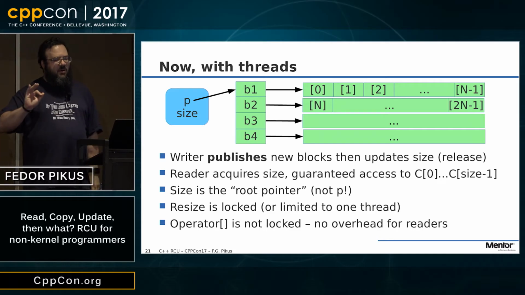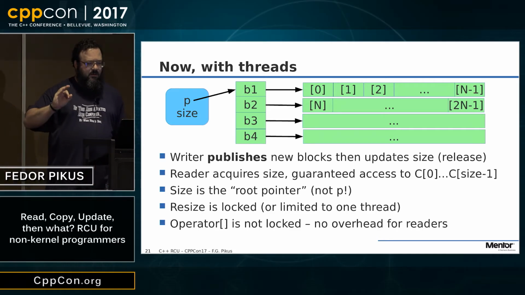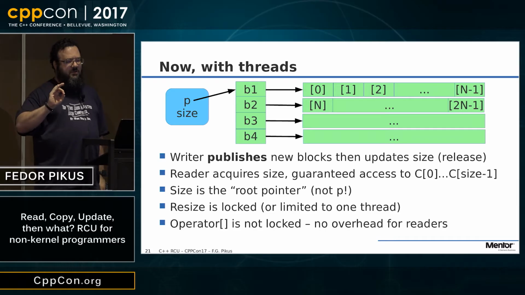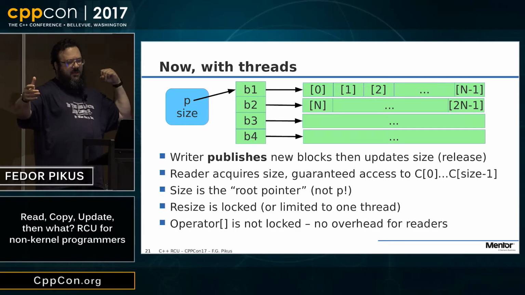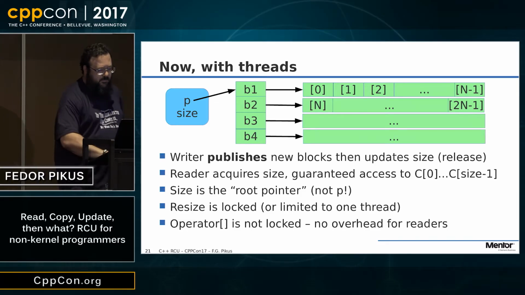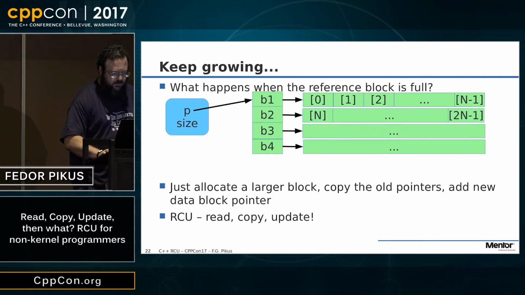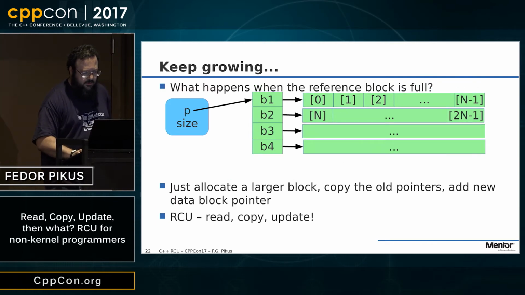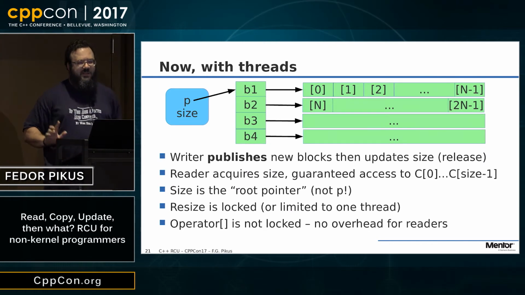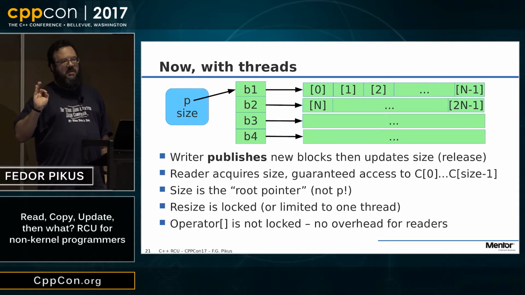Okay, the same thing now, but with threads. Again, the writer is not multi-threaded. One writer publishes the new block. It's the same as the publishing protocol. I prepared the new block, I put some data into it, and then I revealed it, published it, by storing the pointer in the reference block, except that hasn't actually revealed it to anybody yet.